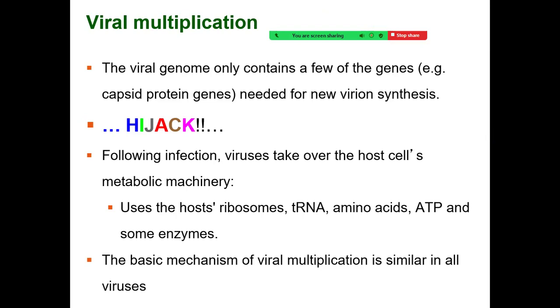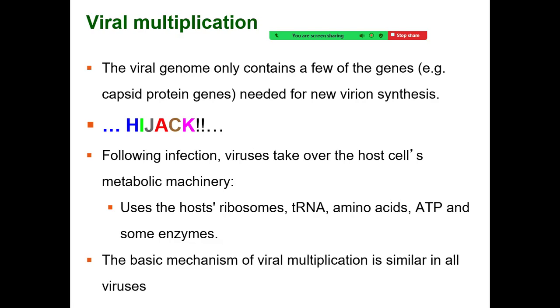So when we're talking about viral multiplication, you should come to understand that the viral genome only contains a few genes. And it does contain the genes for the capsid proteins needed to make the coat of the virus. And viruses replicate by hijacking the cell and then forcing the cell to replicate the virus.